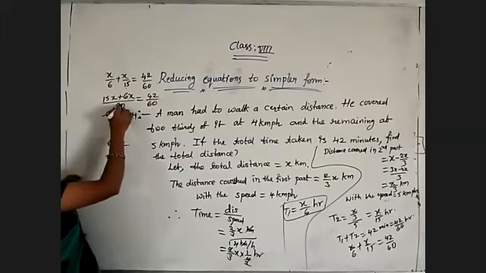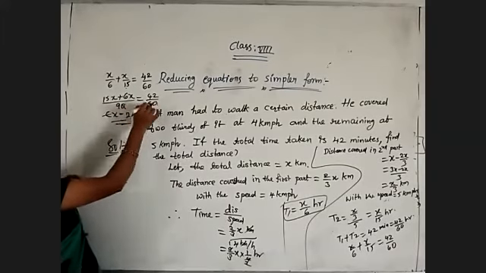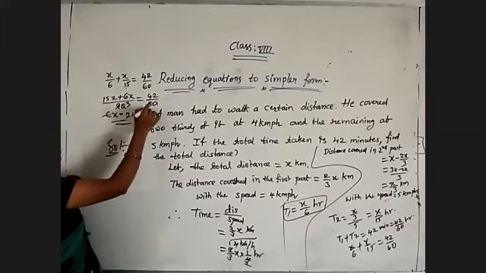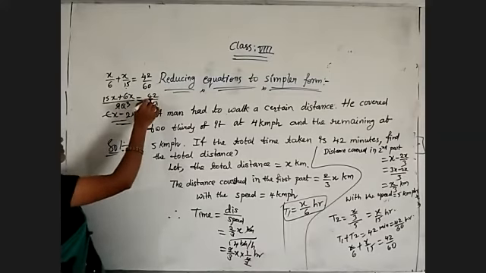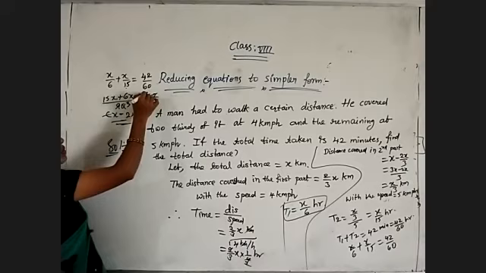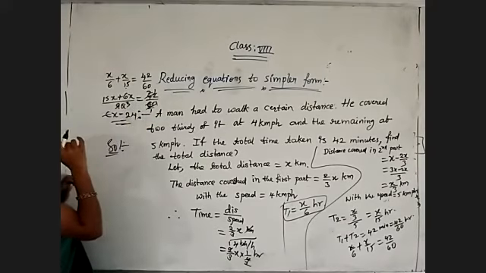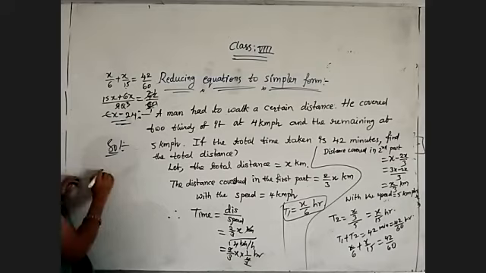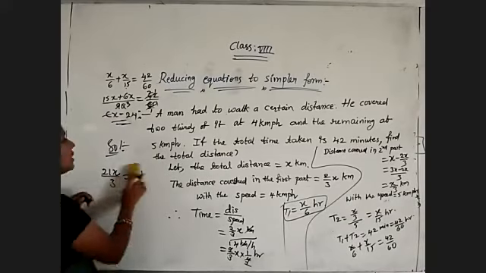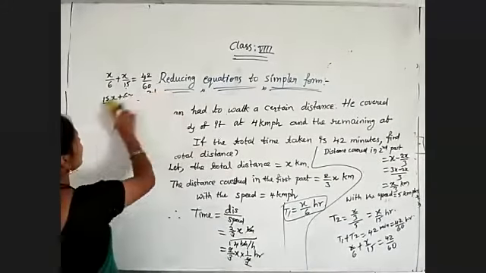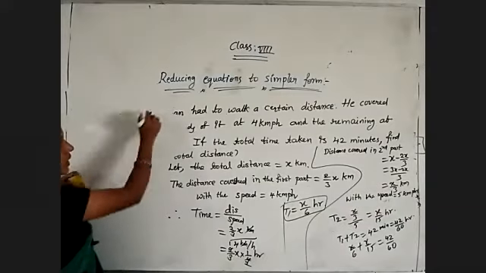By simplification, the zeros get cancelled. 15 plus 6 is 21x. So 21x by 90 is equal to 42 by 60. Everything about the cancellation I am showing here.